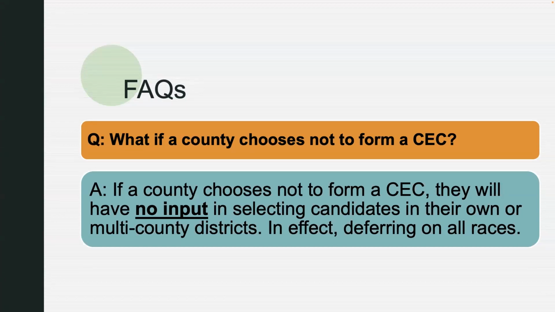If you do not form a CEC, you are giving up your voice, you're giving up your power and authority to influence the political races throughout our state, in particular, those local races that your county specifically has the ability to make recommendations on. So we can't encourage enough for counties to form those CECs. Again, if you do not, you will have no voice and no input in selecting candidates in your area.